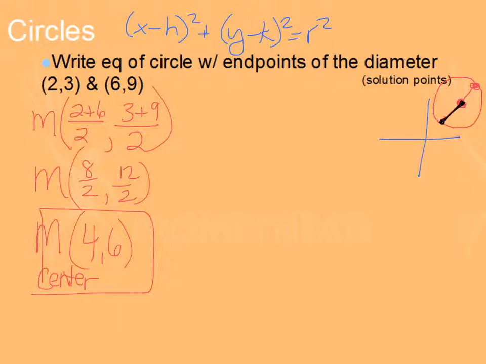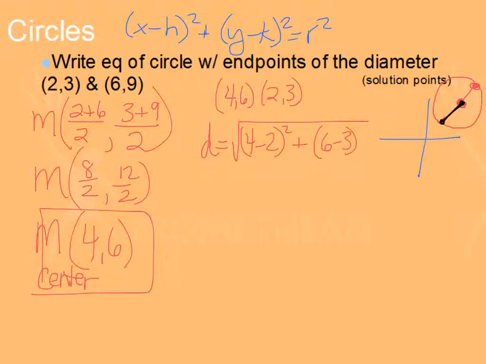So the center is the coordinates I just found, 4, 6. And I'm going to pick out 2, 3 as my other point, and let's go do distance. Remember, distance formula is going to be x minus x squared plus y minus y squared.